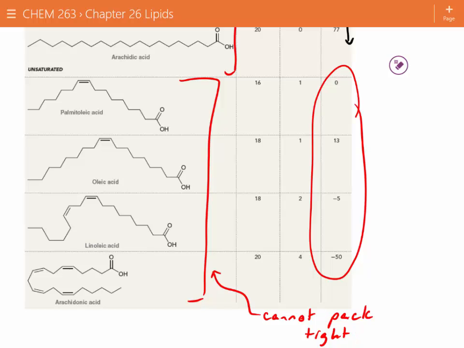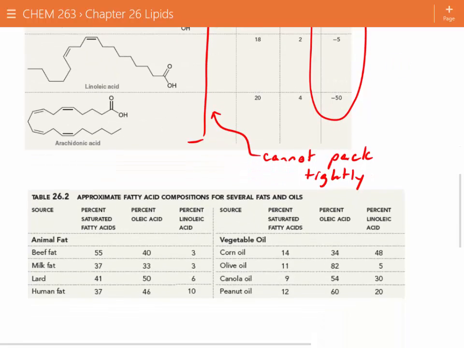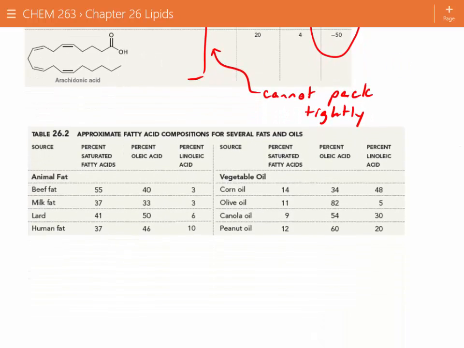All right, so let's take a look at some fatty acid contents for these. So if we look at beef fat, let's go up to oleic and linoleic acid first.